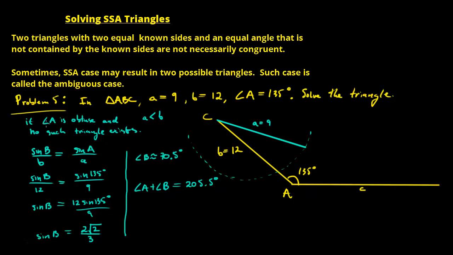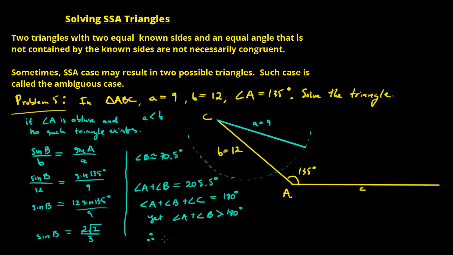I've already mentioned here that if A is obtuse and side a is less than side b, no such triangle exists. So there's no point in really restating this, but I could just say that angle A plus angle B plus angle C has to be 180 degrees, and yet angle A plus angle B is greater than 180 degrees.